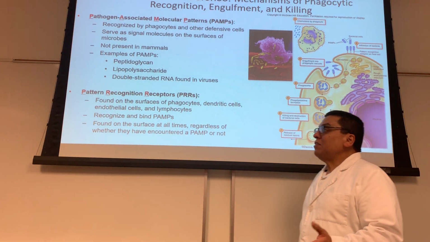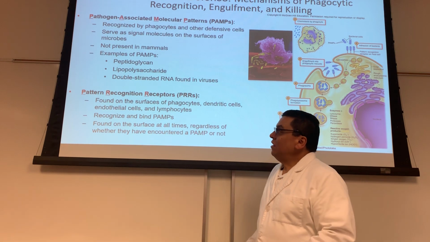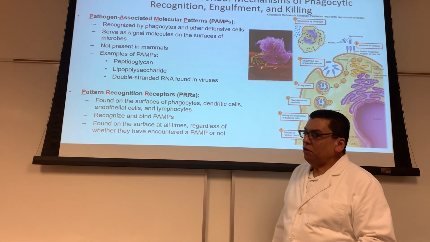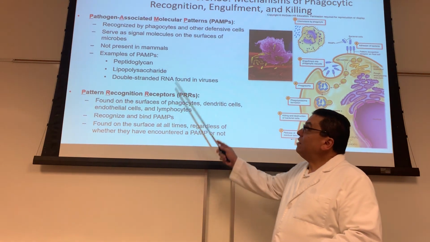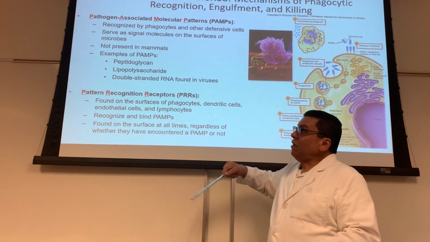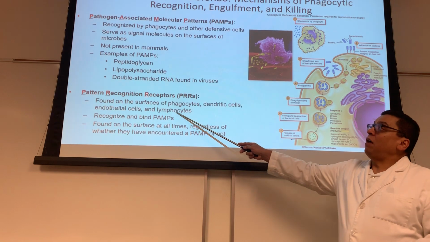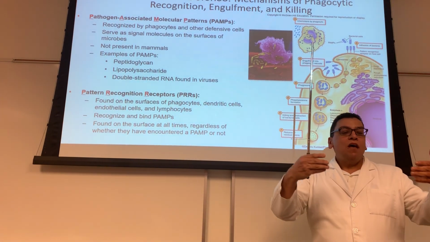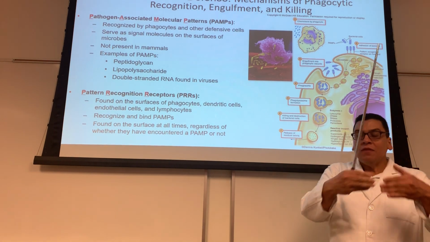Your white blood cells have another receptor called the pattern recognition receptor, which recognizes the PAMPs. That's how your white blood cell attaches to the bacteria, through a PRR-PAMP interaction.